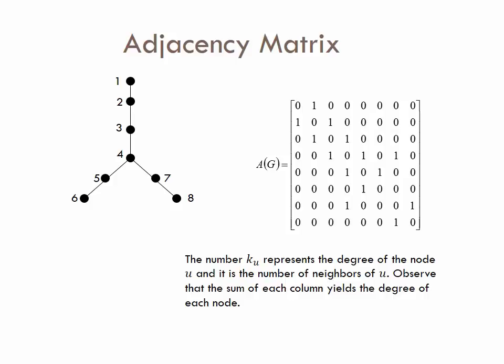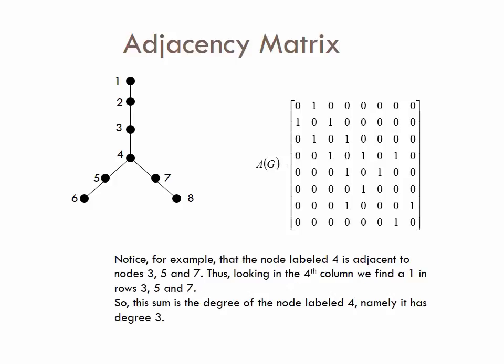So for example, if we look at node 4, and we look at row 4, we see that there are exactly 3 ones in row 4 and exactly 3 ones in column 4. And the ones are located in positions 3, 5, and 7. And those are the 3 neighbors of node 4.